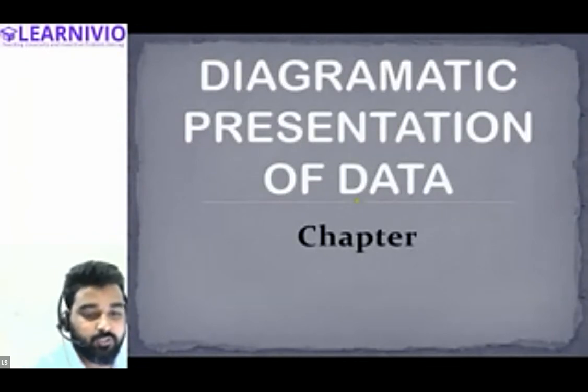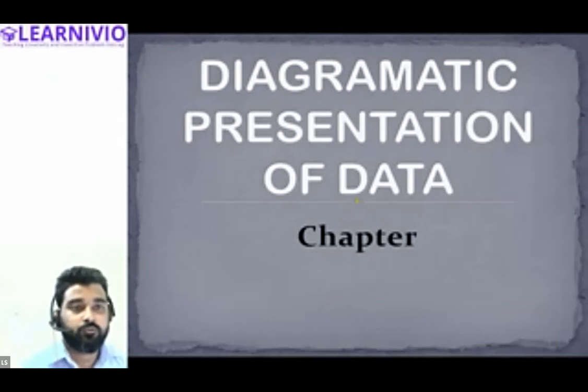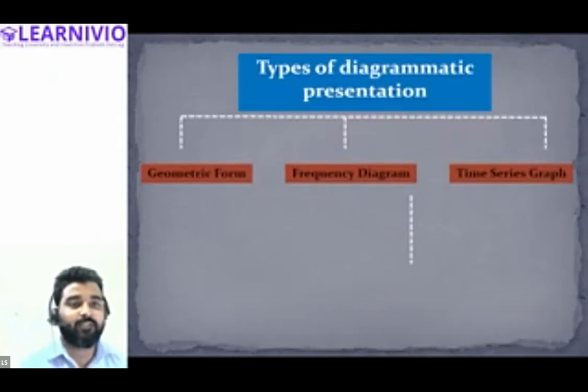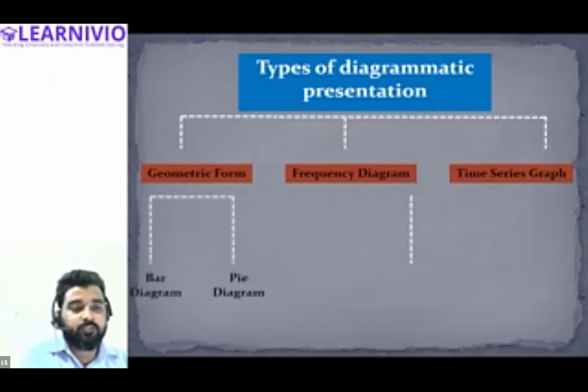So let's start. What is a diagrammatic representation of data? When data is presented in diagrammatic form, there are various types of diagrammatic representation. Data can be presented in the geometric form, the frequency distribution, or in the form of time series.